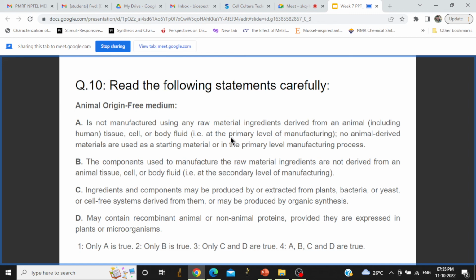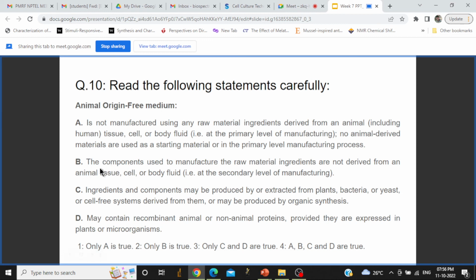So these animal ingredients should not be directly present in the medium, and also no derivatives or raw materials should be used from the animal source for the manufacturing of any component of this animal origin free medium. So it should be completely animal component free.